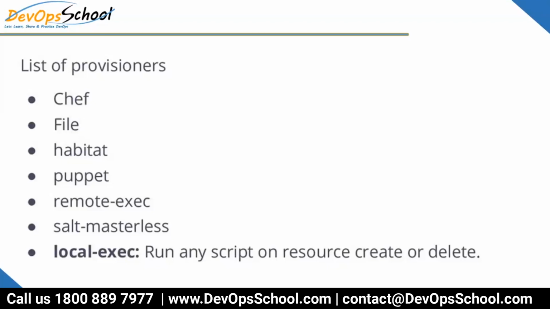Why not Chef, Puppet, or Salt? Because it's out of context, and you need to understand Chef and Puppet before running those commands. So file, remote, and local are the three things you can use today.